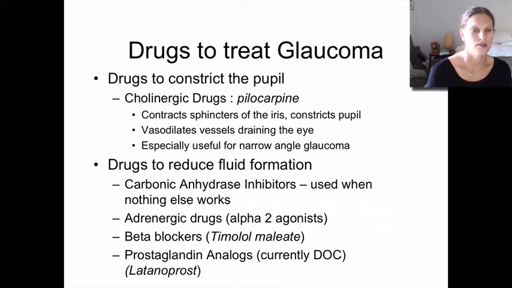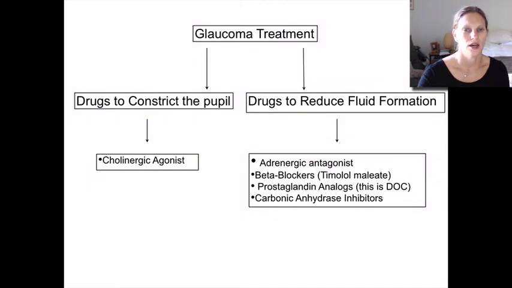We have beta blockers, which are more useful for the ciliary body. They decrease fluid formation at the ciliary body. There's beta receptors there. And currently the drugs of choice are called prostaglandin analogs, which decrease fluid formation as well.